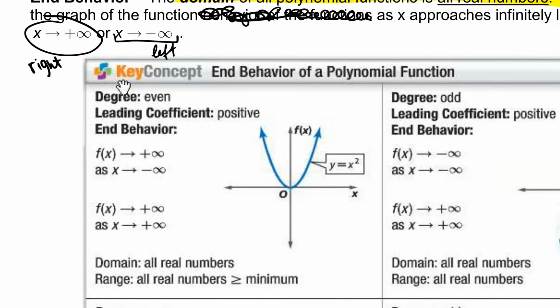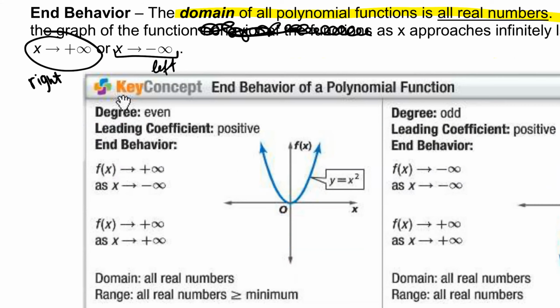The other way, left. So as my graph goes to the left. Okay, ready? As x goes to negative infinity, the function goes to infinity. We are on the top of the third page.